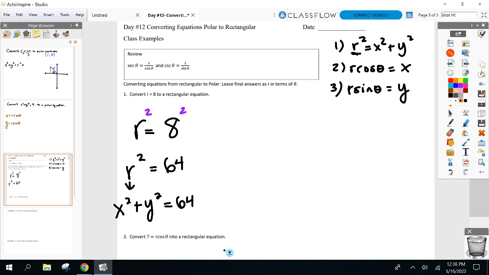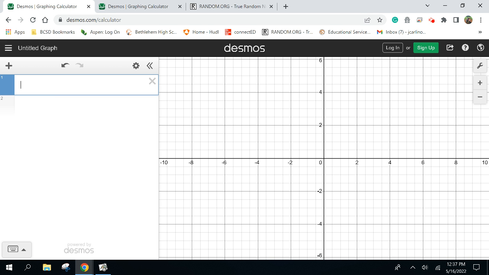If you don't believe me, go back to your rectangular grid. How do you type in the squared? You got the caret button there. Shift 6. Squared. Then most of you will probably have to hit the right arrow to get back down.